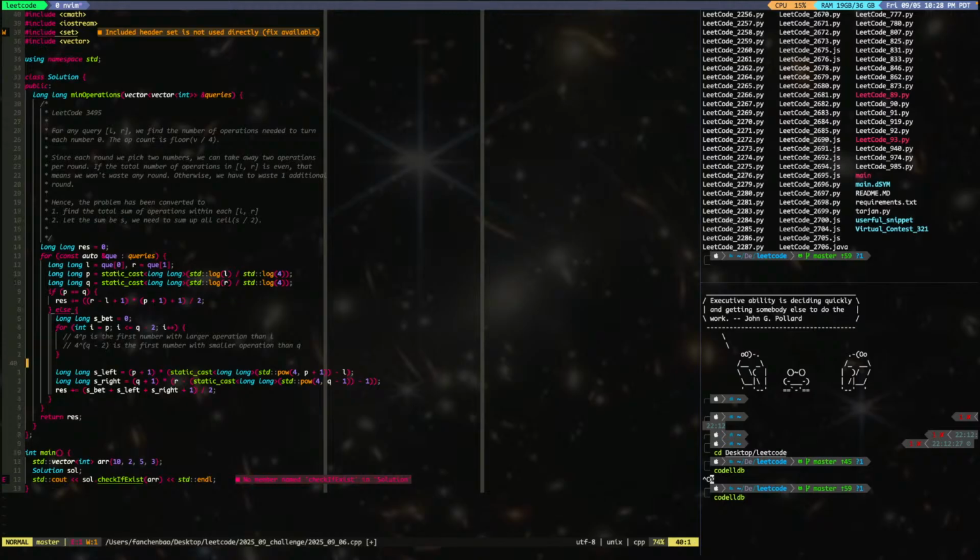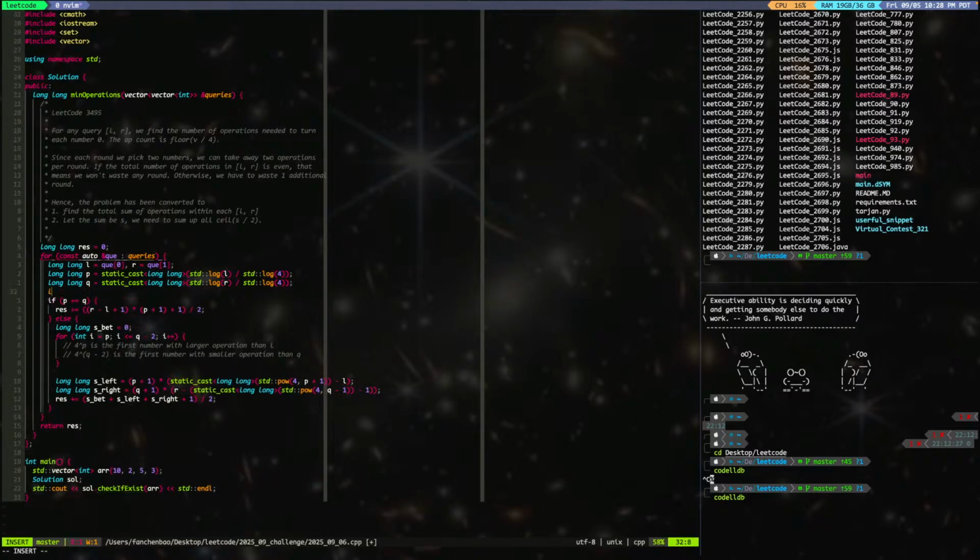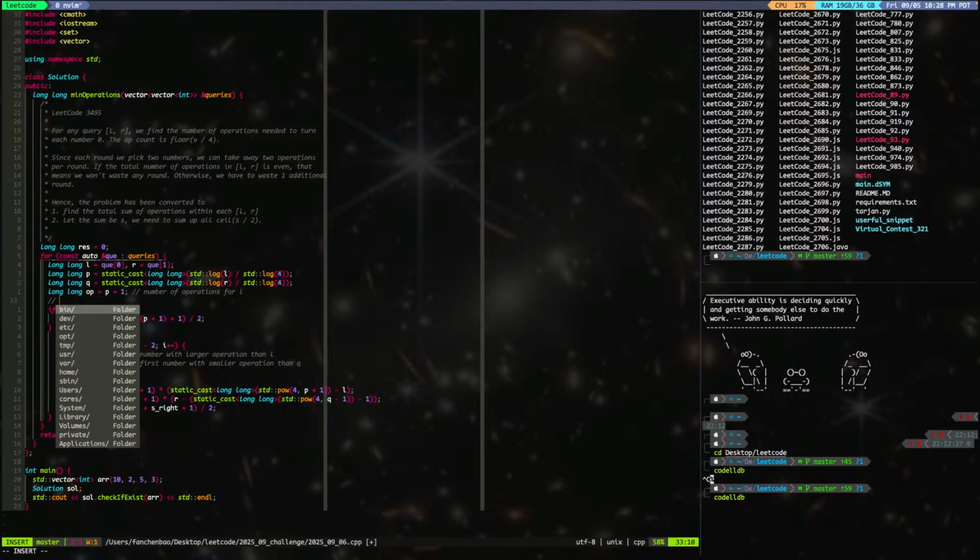You might want to make it even more explicit. Okay, I want to make it more explicit. OP, P plus 1. Right, there's a number of operations for L. And then OQ, Q plus 1.